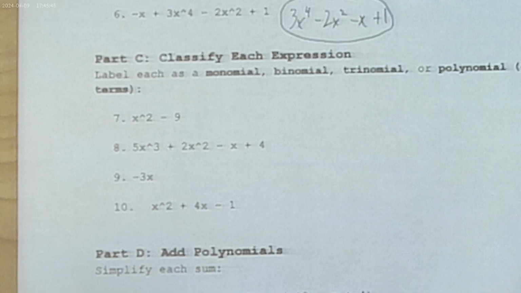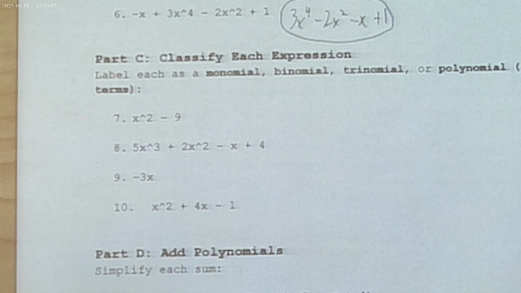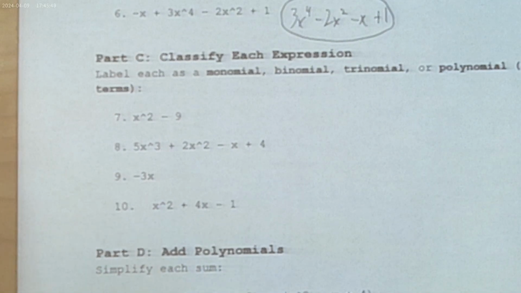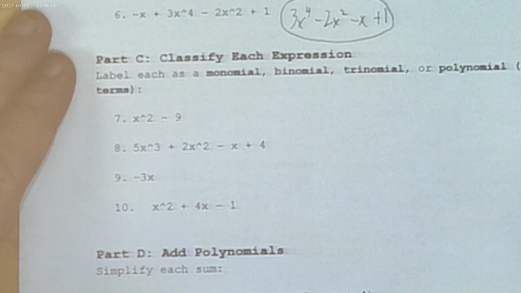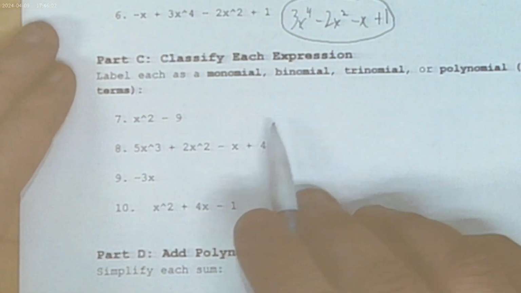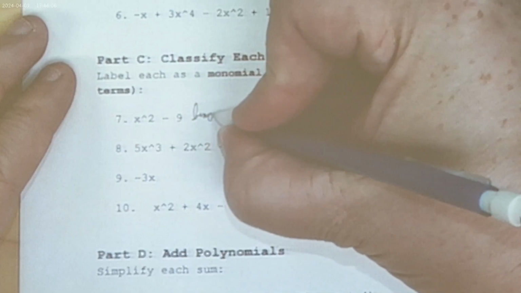Alrighty, the vocabulary review will continue. Label each as a monomial, binomial, trinomial, or polynomial. Just with a quick look, it looks like we're only going to have one polynomial. But anyway, let's see. This one only has 2 terms, so it is going to be a binomial.